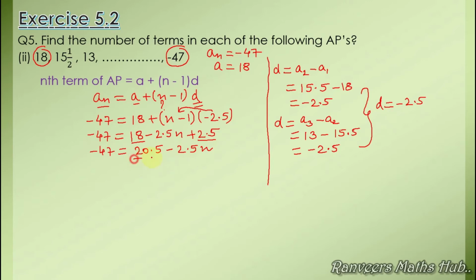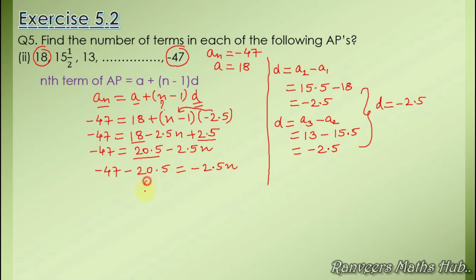Okay, so as we have to find the value of n, and 20.5 is a constant term, I will shift it to the other side. So what will it become? Minus 47 minus 20.5, which is equal to minus 2.5n.